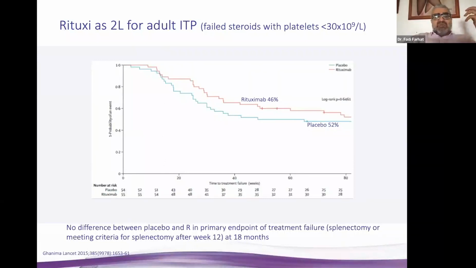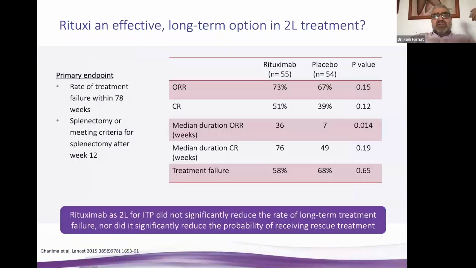So we really do not recommend Rituximab a lot for such patients. And if you look here, you can see that the objective response rate, which means more than 50 and less than 150 platelets, was not significantly different. In complete remission, there was a difference, but numerically, not statistically significant.